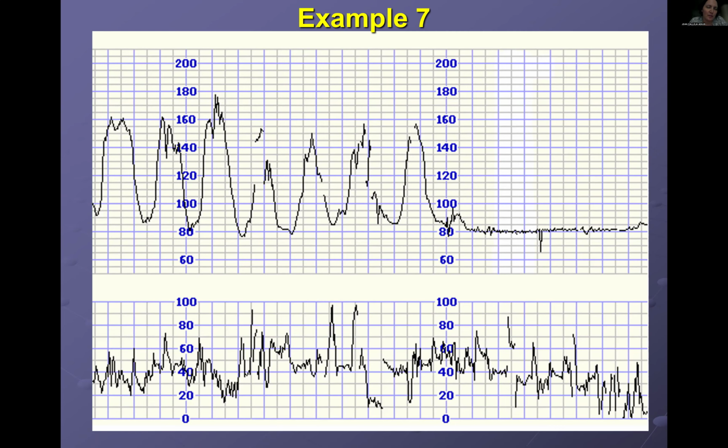Cord compression, possibly cord prolapse. We don't know if this patient had a breech or not. And definitely, irrespective of what's happening, unless literally the mother is pushing, but I don't think she's pushing yet, you need to do an immediate cesarean section or you're going to lose the baby.